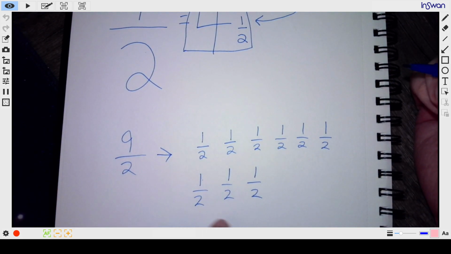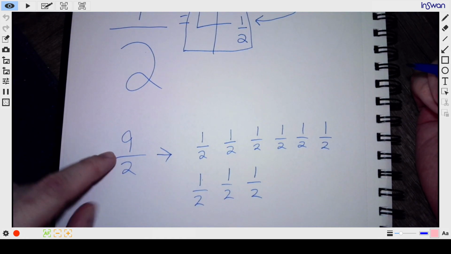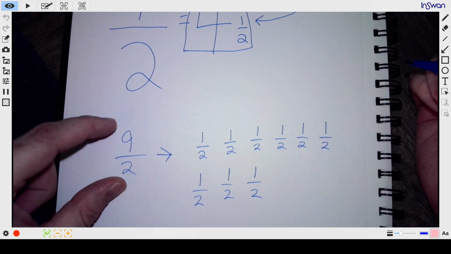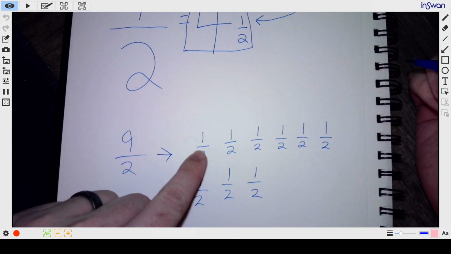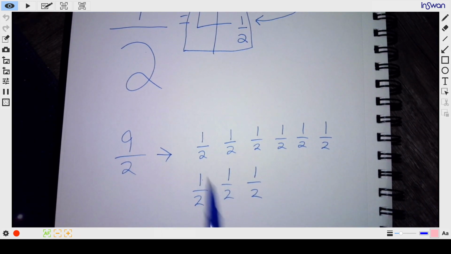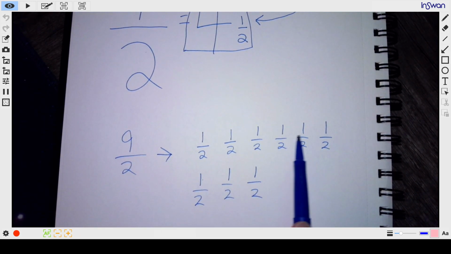Because I have 9 of them. So this is the improper fraction, 9 halves. This is that same improper fraction broken down into each individual half. So we got 1, 2, 3, 4, 5, 6, 7, 8, 9 halves.